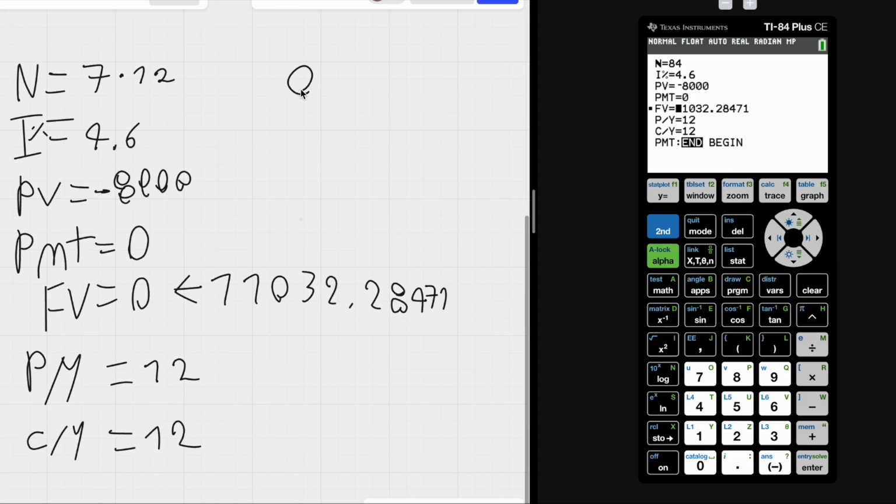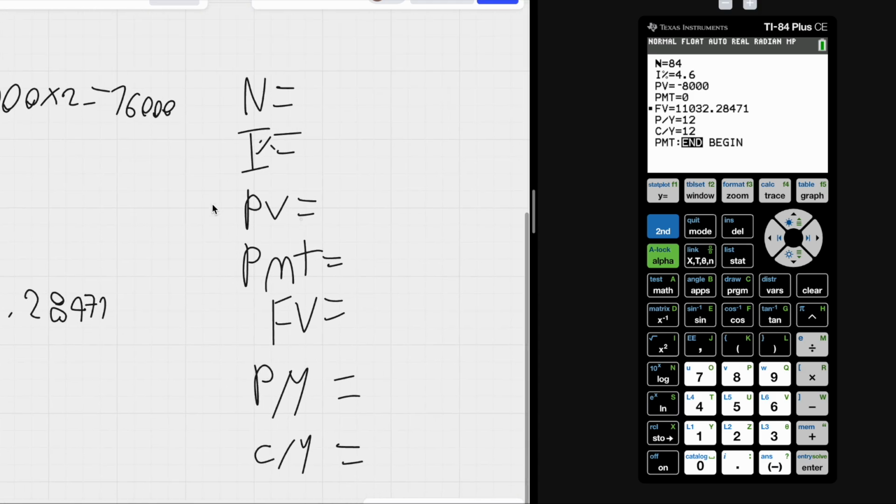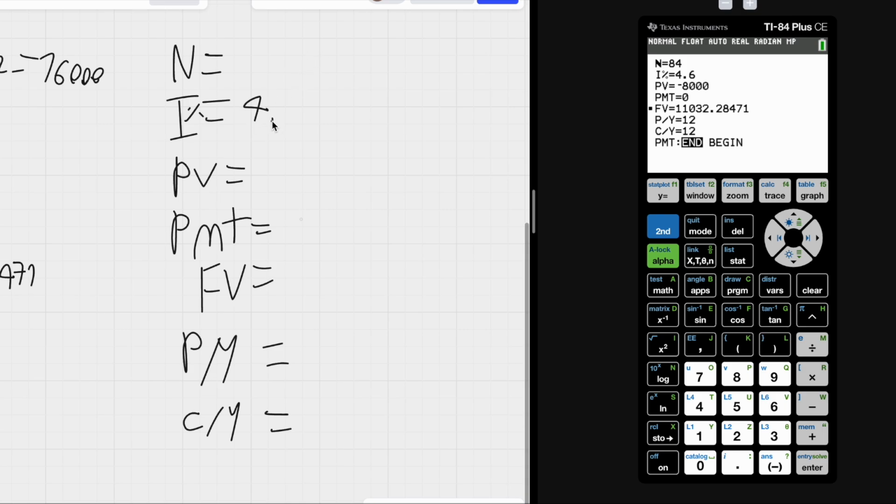It's simply the present value, that is 8,000, times 2, which is equal to 16,000. So what are we going to do here? It's exactly the same thing, but now we put our future value as 16,000.